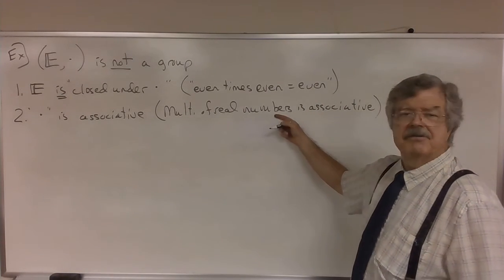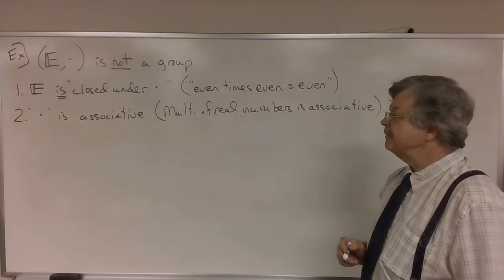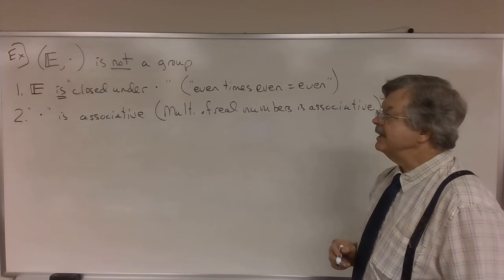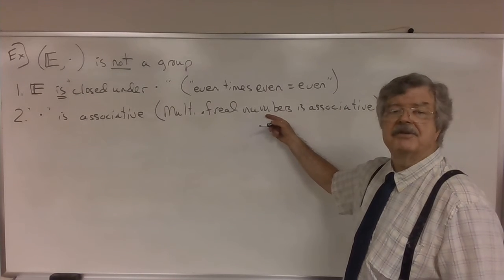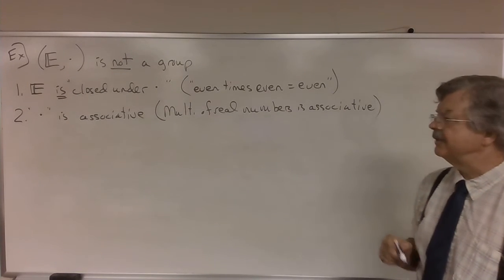Since multiplication of real numbers is associative, the multiplication of subsets of the real numbers is also associative.